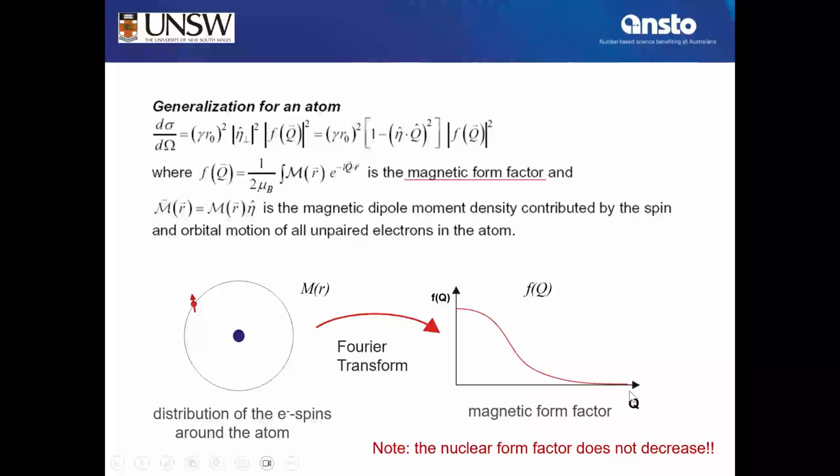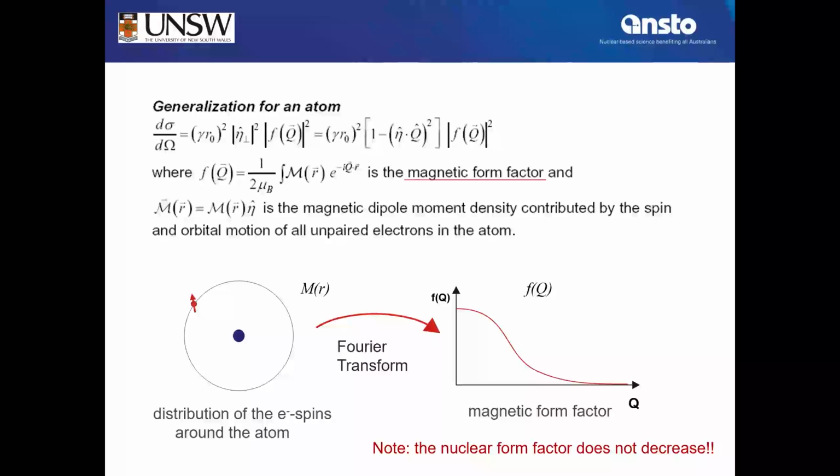And actually our Q range here is indeed the Q range where we see the Bragg peaks, because the size of that electron sphere is in the same order of magnitude as the size of the atoms. And that's what we see in diffraction. So the magnetic form factor drops as function of Q, and the Bragg peaks might be here, here, here, and here. So we can clearly see that. And that's distinct to the nuclear form factor.